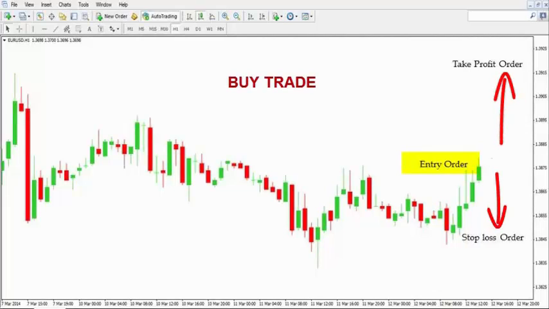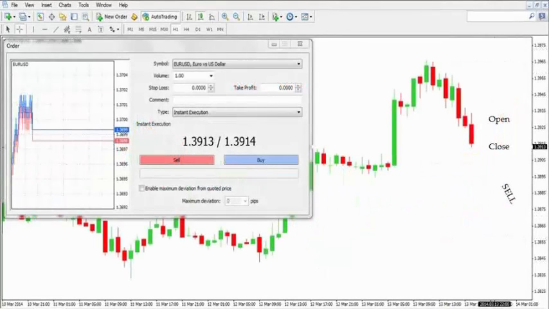It just makes sense, doesn't it? Very logical. But if you think the currency pair you want to trade will decrease in value, you will enter a sell or a short trade. Then you simply need to open your new order window. The red candles on this chart are the bearish candles.